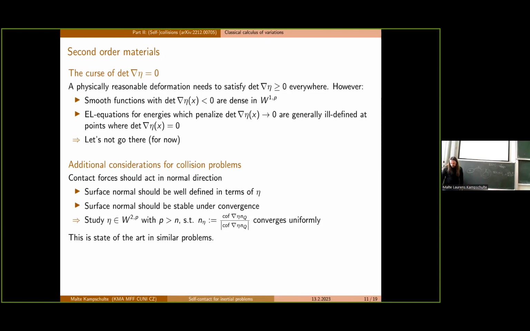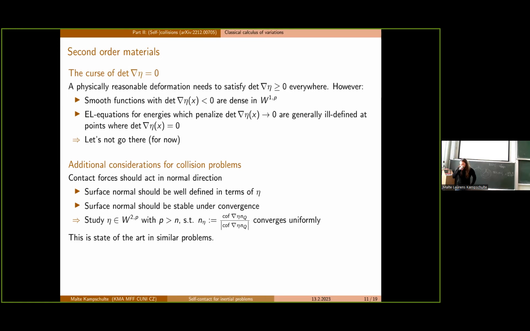The problem is, if you just have some first order thing, then the normal direction of the deformed configuration is not a very well defined object. Because you would like to say, okay, it's the cofactor matrix times the original normal, but that might not be properly defined. It's definitely living on the level of the first derivative. So it can have jumps, it can change direction arbitrarily under the convergences we have.